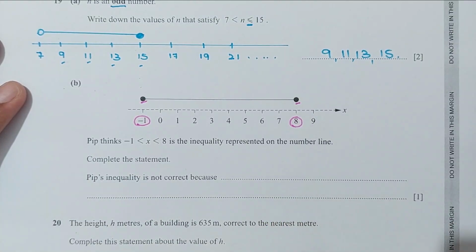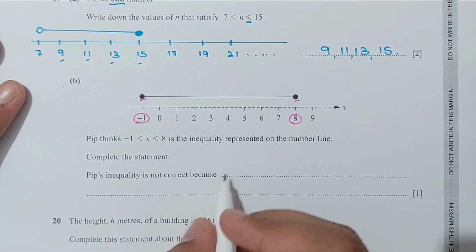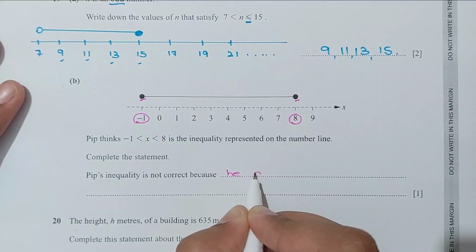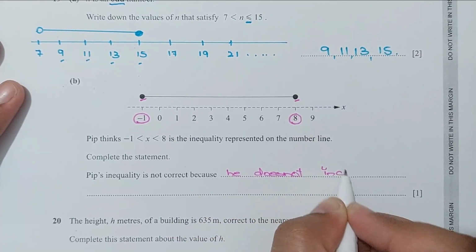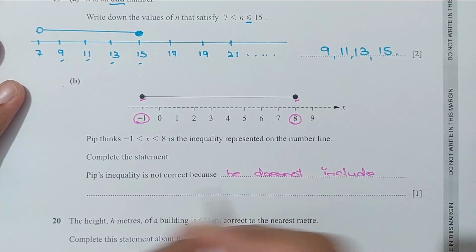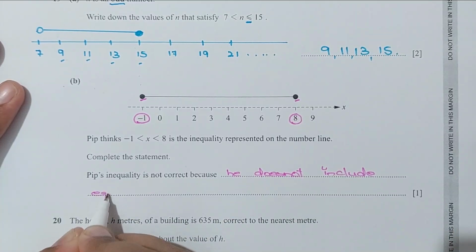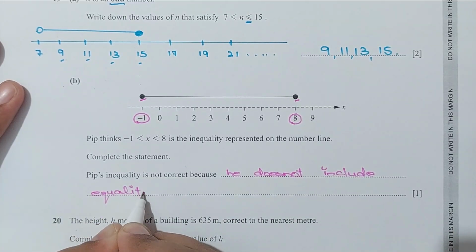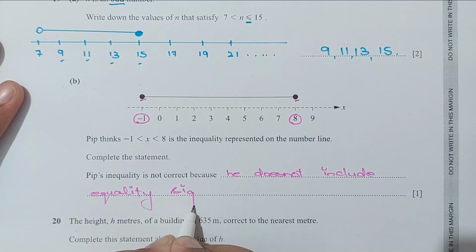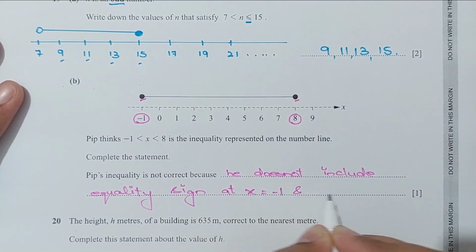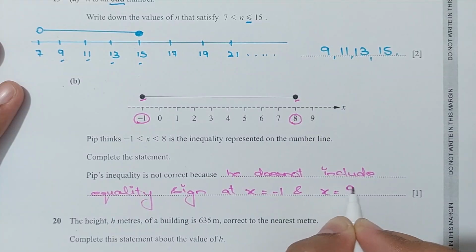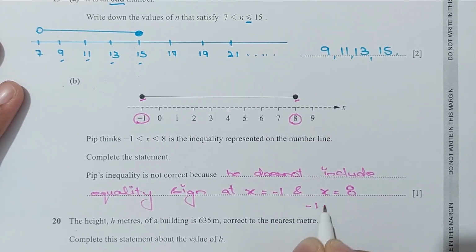So why is his inequality incorrect? Because he does not include the equality sign at x equals minus 1 and x equals 8. So it must be minus 1 is less than or equal to x is less than or equal to 8.